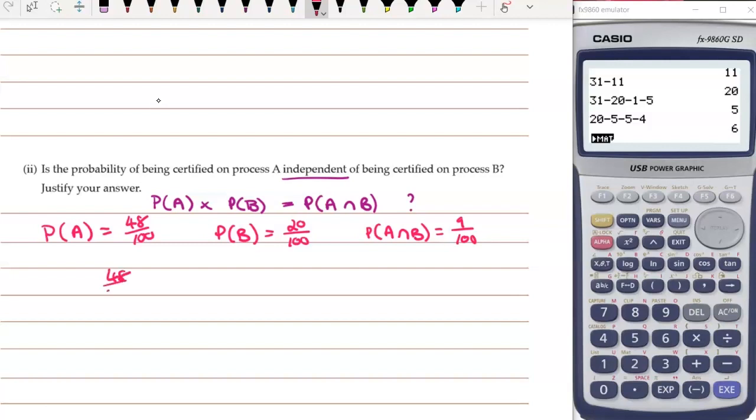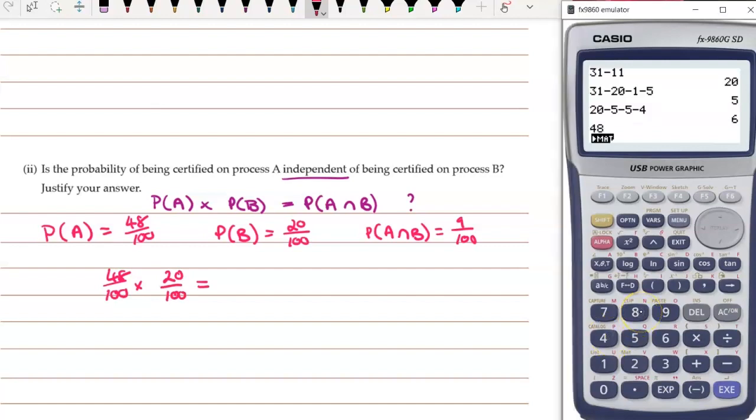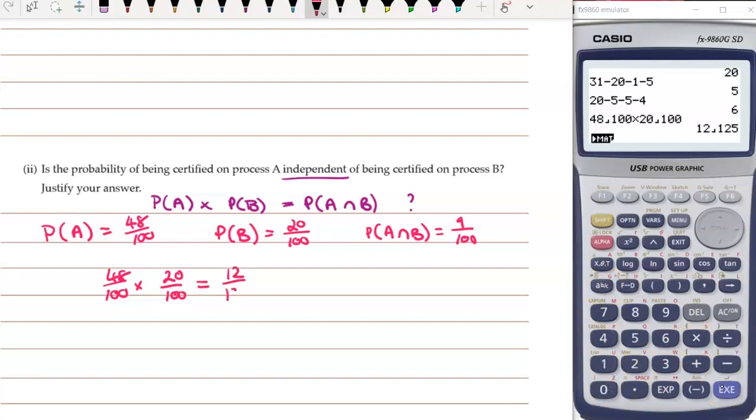Okay, 48 over 100 times 20 over 100 is equal to 12 over 125, or 0.096. That's not equal to 0.09. That was the 9/100ths, therefore not independent.